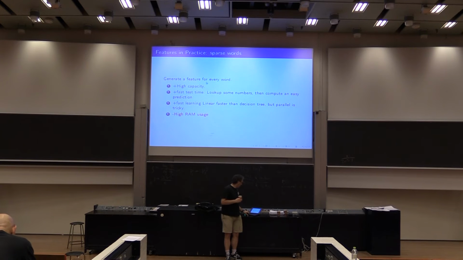Okay, so if you turn words into features, like I did earlier, then you have relatively high capacity. There's a lot of words. You have a fast test time. It's pretty fast to learn. And you have a bit of a problem because the RAM usage can become difficult.